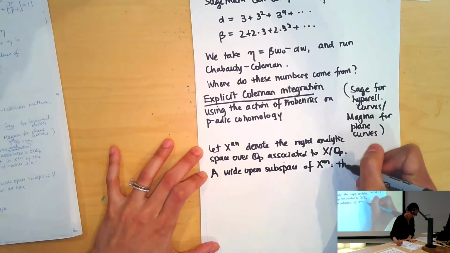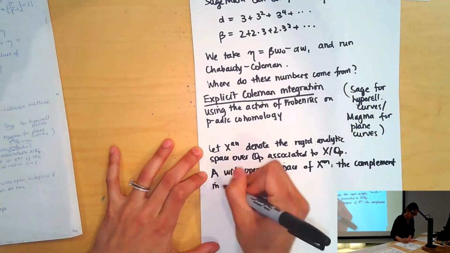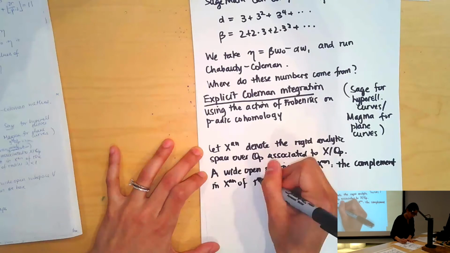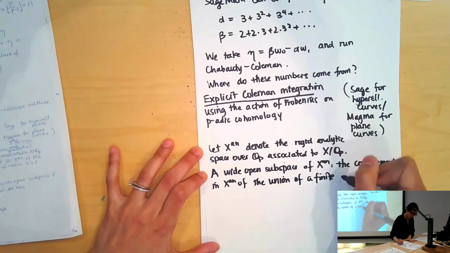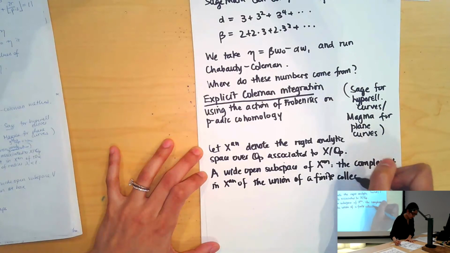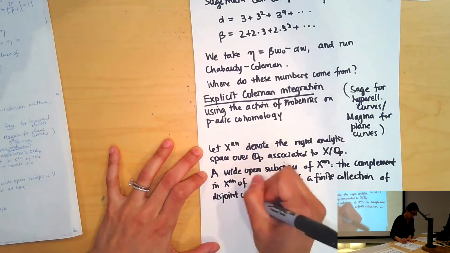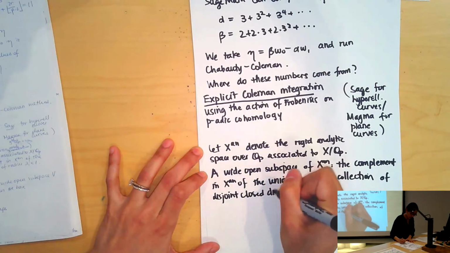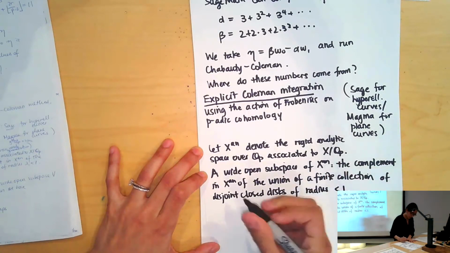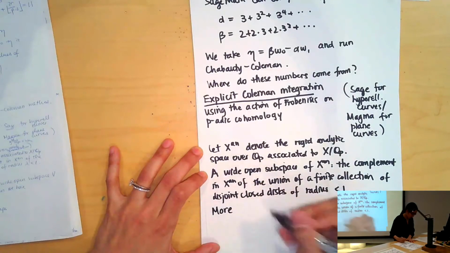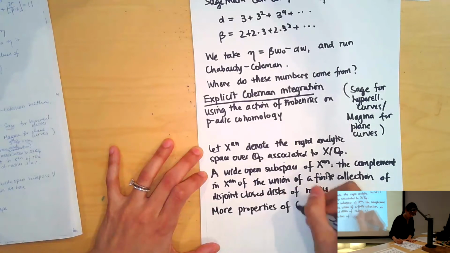This is the complement in X^an of the union of a finite collection of disjoint closed disks of radius less than 1. Before we get further, let me enumerate a few more properties of the Coleman integral.